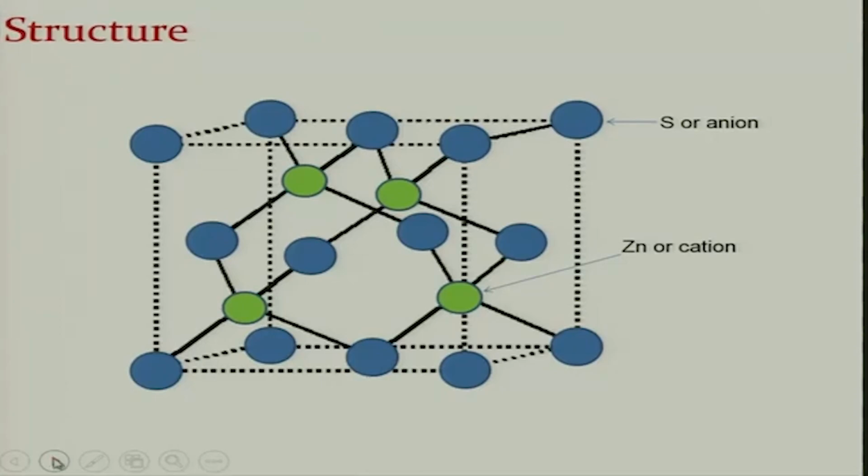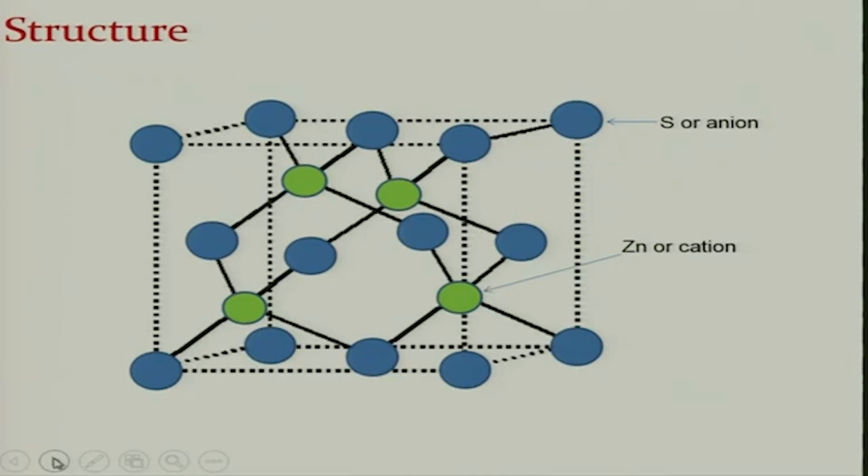This is very similar to the covalent diamond structure, except that in diamond all the 8 sites, 4 FCC and 4 tetrahedral, are filled by carbon atoms. Here 4 FCC sites are filled by sulfur atoms, and 4 tetrahedral sites are filled by zinc atoms or any other cation. So these are all tetrahedrally coordinated cations, and these are all anions which make the FCC lattice, but even anions are tetrahedrally coordinated.